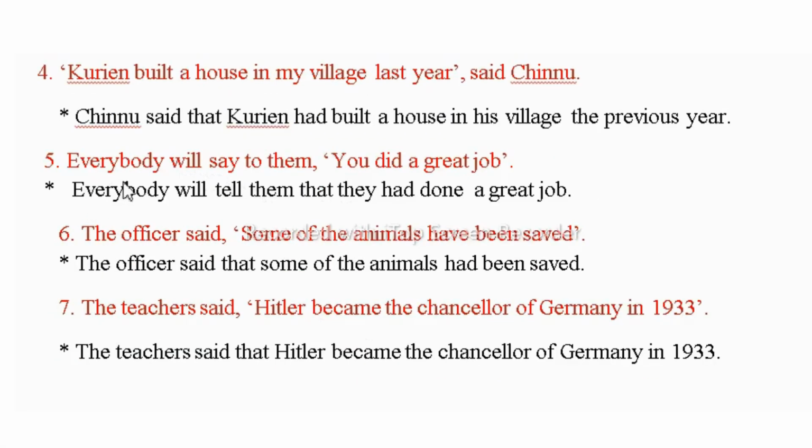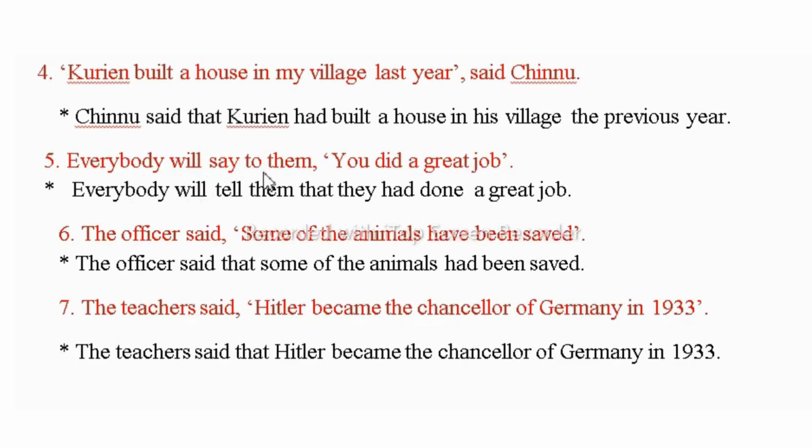Now here remember one thing: the part before the comma is called the reporting part, and the part after the comma, under inverted commas, is called the reported speech. If you find the reporting verb in simple present or simple future, then there would be no changes, same as it is, you need to write will. Everybody will.